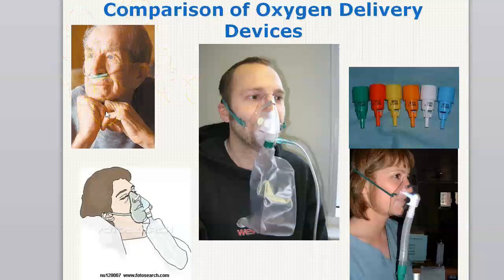And you just want to make sure that the device is clean of any obstructions and that it is definitely applied to the patient in the correct way, okay? All right, so that's oxygen therapy.